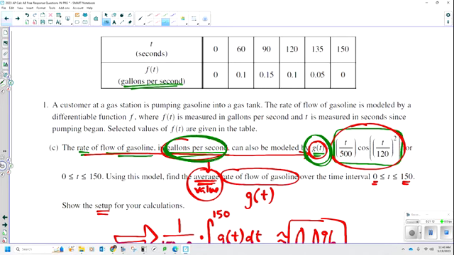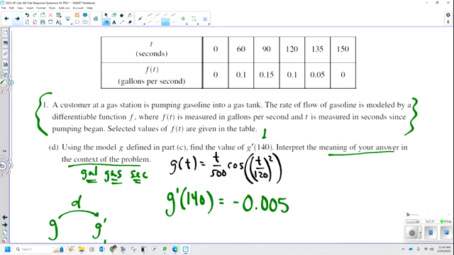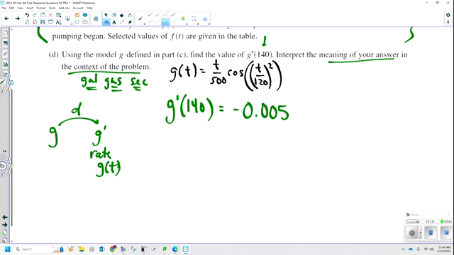They gave me a function that was a rate. They didn't put a little apostrophe for derivative because they stated that it is gallons per second. So this is already gallons per second, and I took the rate of it. So it is the rate of gallons per second, how it's changing.